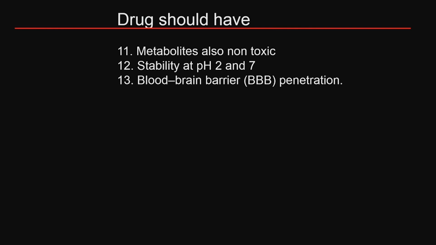So the drugs which we take for curing the human body should not enter the brain and start disturbing the brain function. So there is something called a blood brain barrier, and we do not want the drug to penetrate it. We do not want ibuprofen penetrating and causing some issues with the brain.